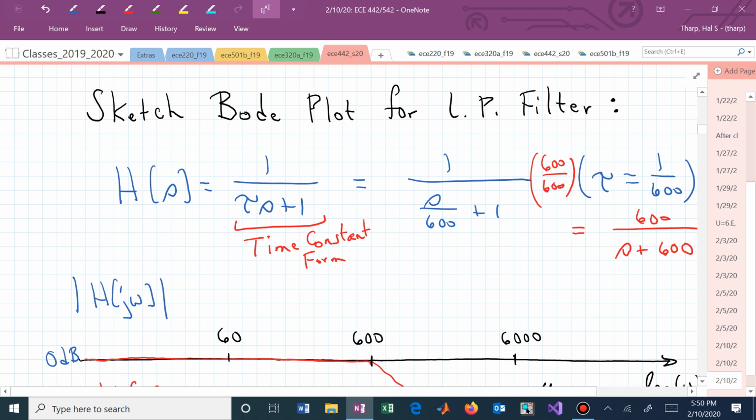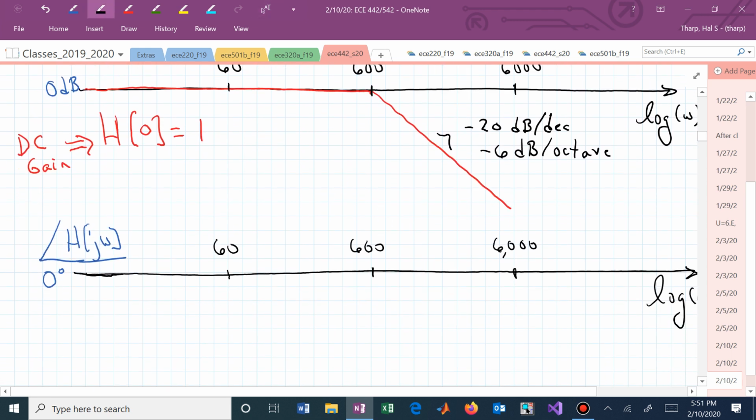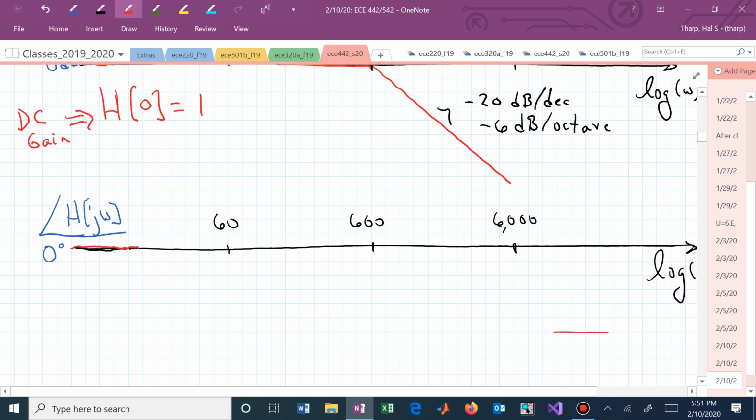So I found two extremes. I know that I'm starting for low values at 0, and at big values I'm going to minus 90. Now, how do I connect those?